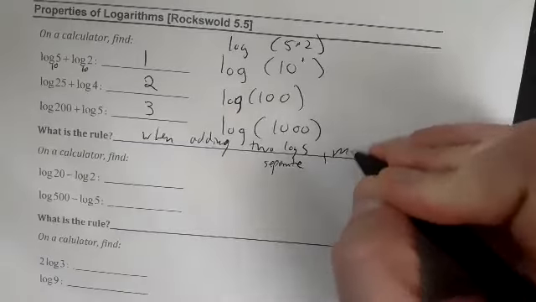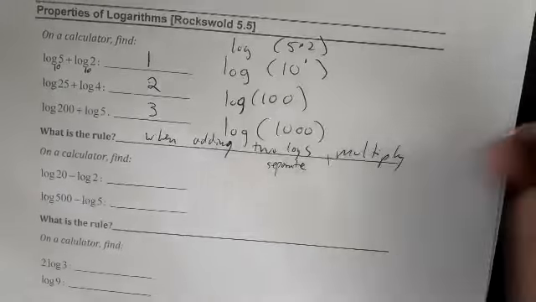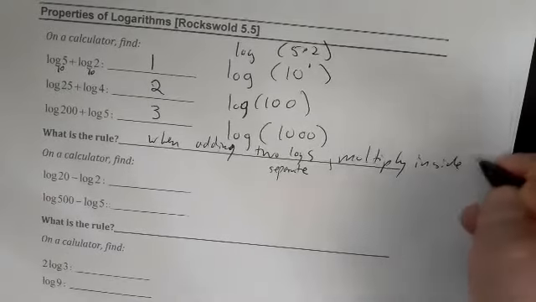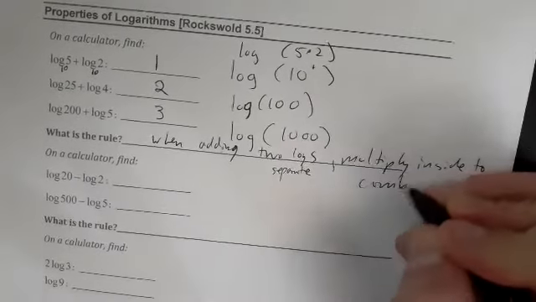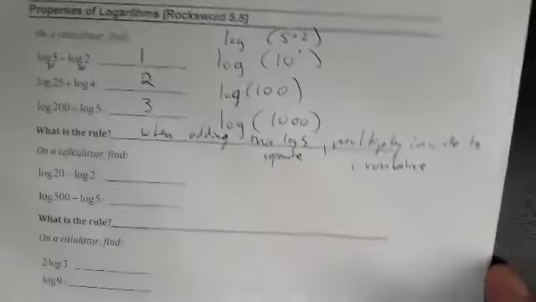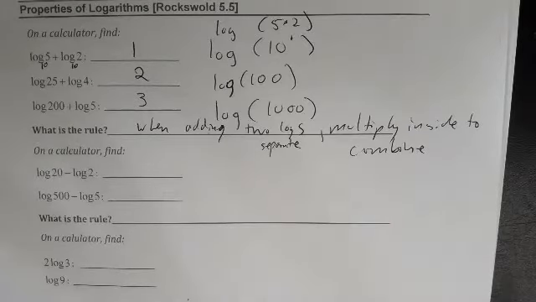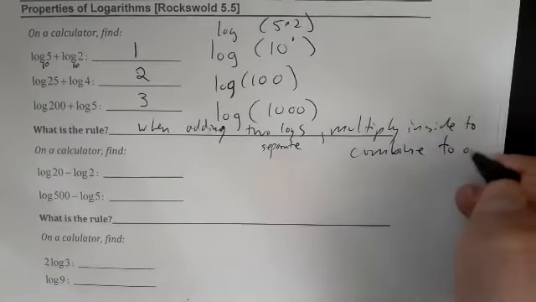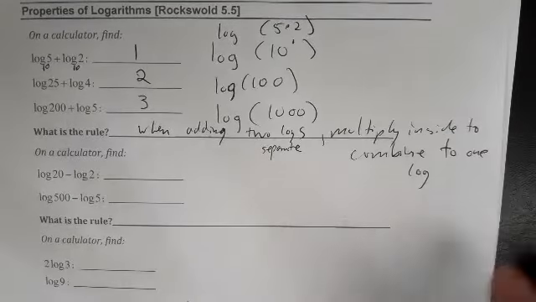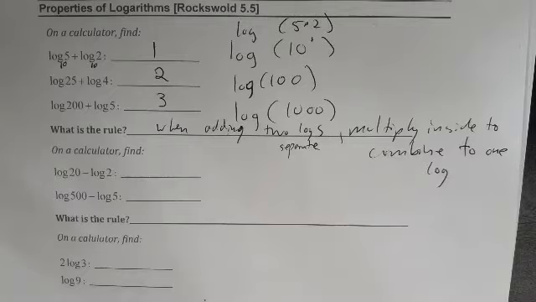So when adding 2 separate logs, we're going to multiply what's inside to combine. To become 1, we multiply the thing on the inside.